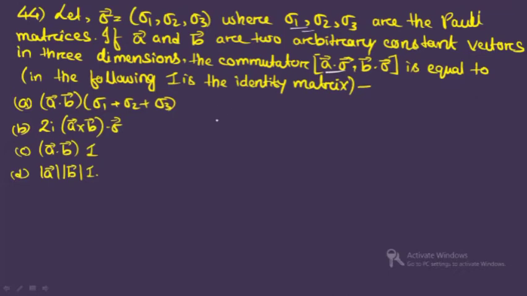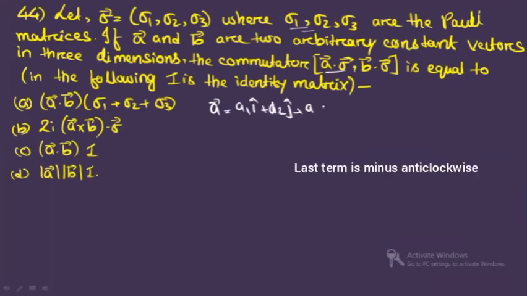Since A and B are arbitrary constant vectors in 3 dimensions, you can write A equals A1 i cap plus A2 j cap plus A3 k cap. Similarly you can write B equals B1 i cap plus B2 j cap plus B3 k cap.